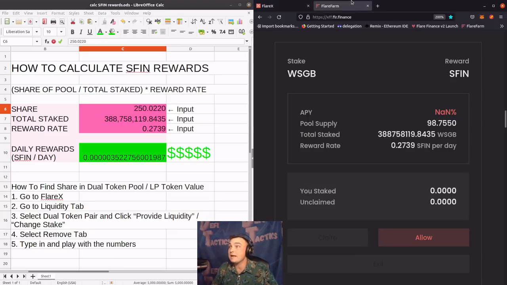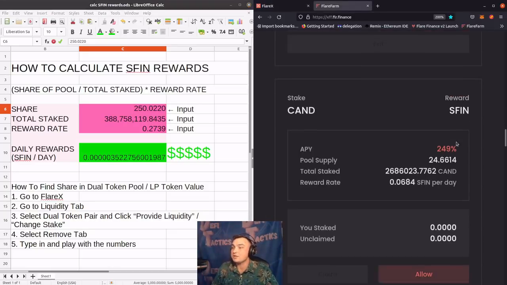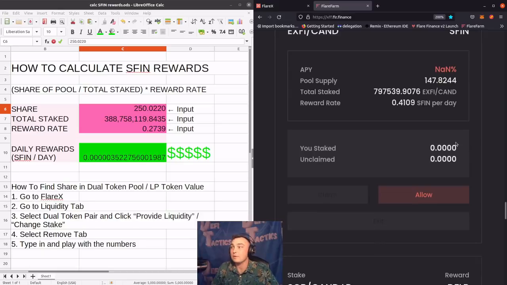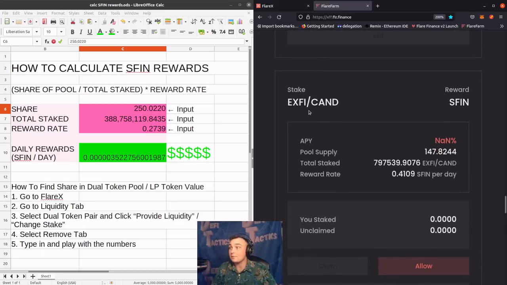We then switch back on over to the farm and we scroll to the EXFI Canary dollar pool. Here we can see in the EXFI Canary dollar pool that there is a total of 797,539.9076 total EXFI Canary dollar liquidity pool tokens staked.